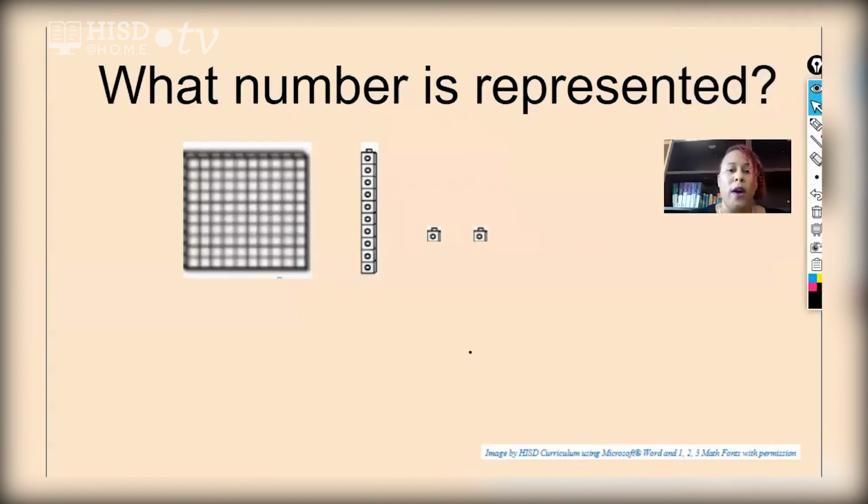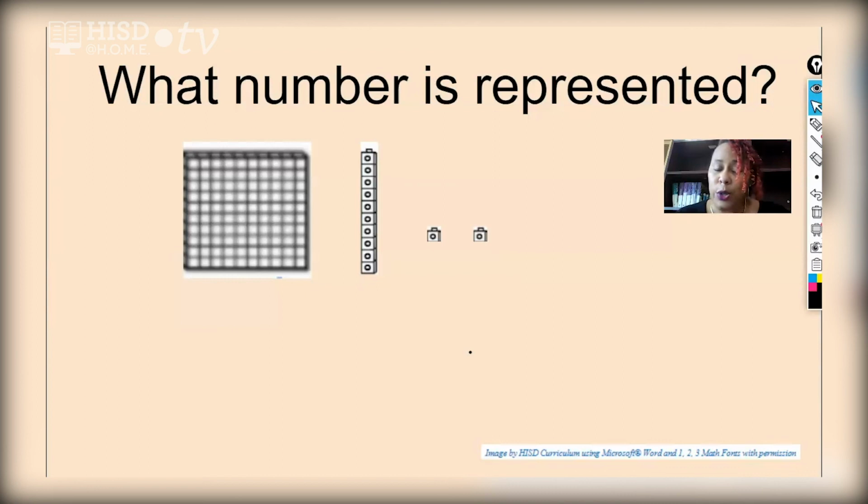Look here, what number is represented? What changed in this problem? Before, we only had tens and ones. In this problem, we have hundreds, tens, and ones. How many hundreds do you see?